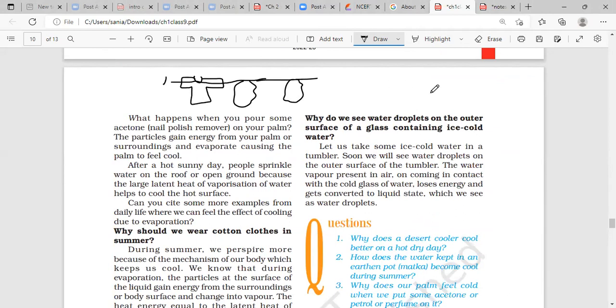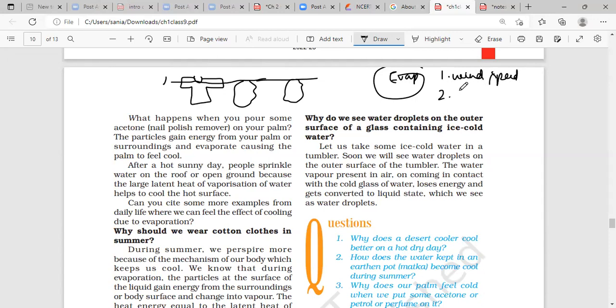So there are various factors that you are going to tell me. First, wind. Just tell me, if wind speed is high, then evaporation will be faster or slower? Faster. Okay.